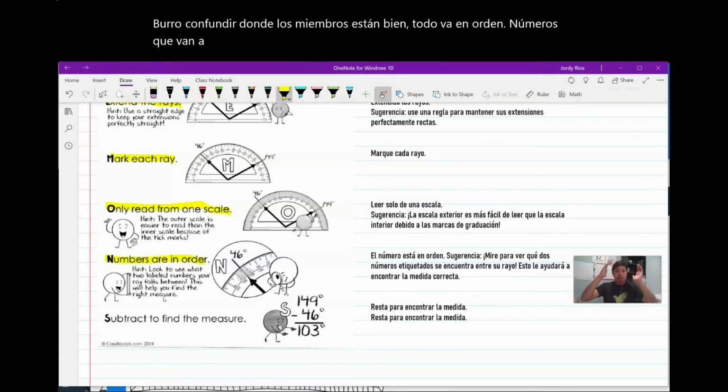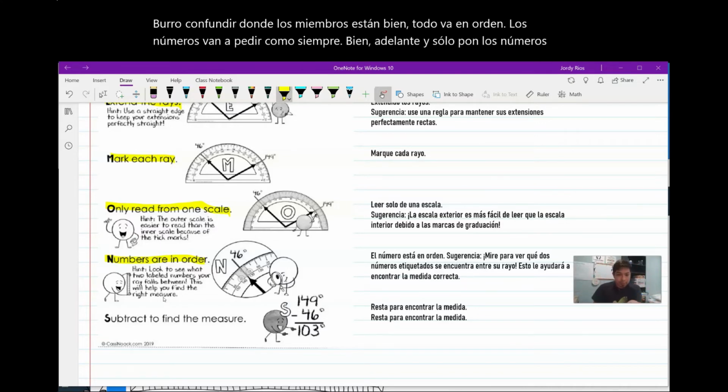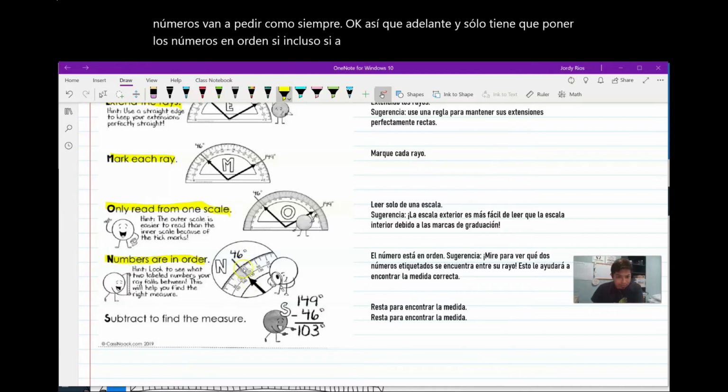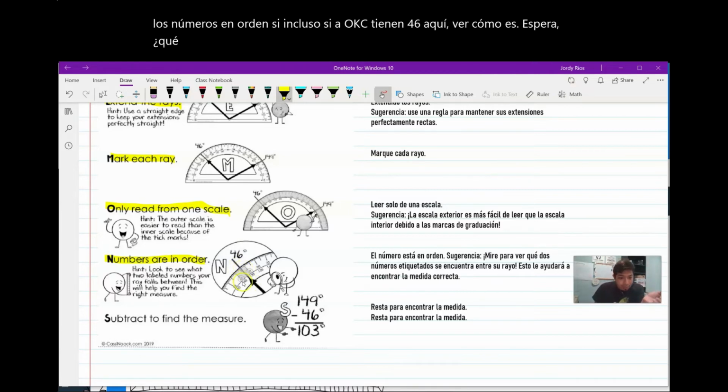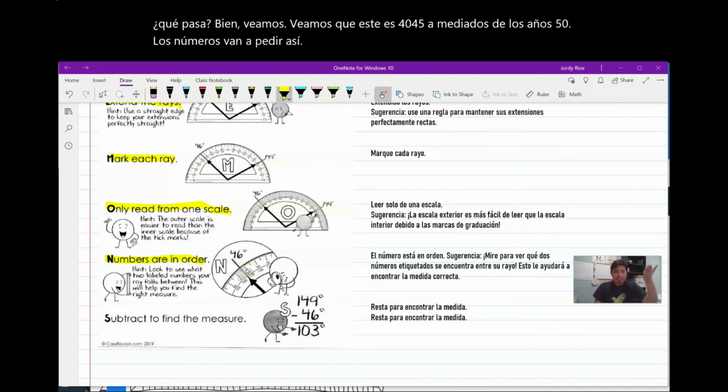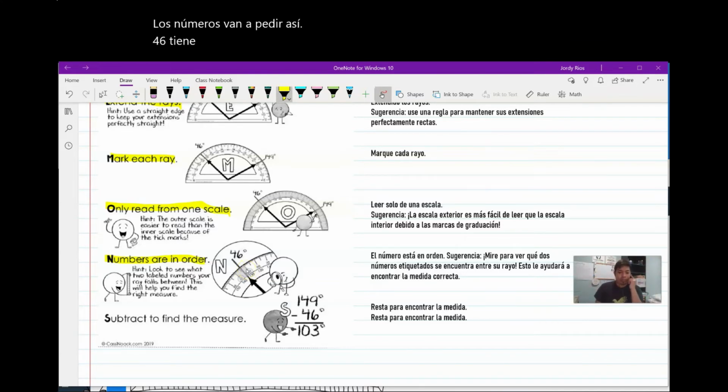See how 46 right here? Okay, let's see. This is 40, 45 is in the middle, 50 is next. You know numbers go in order, so 46 has to be the next one. So don't get confused.